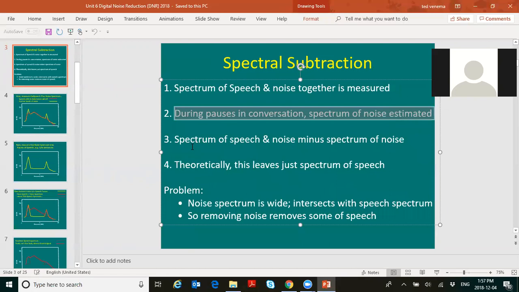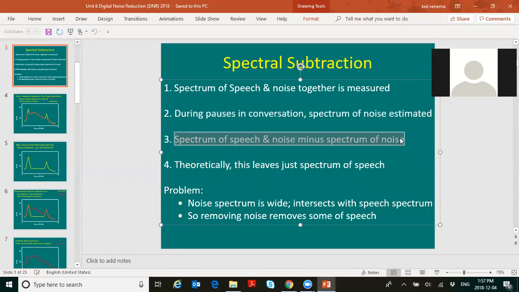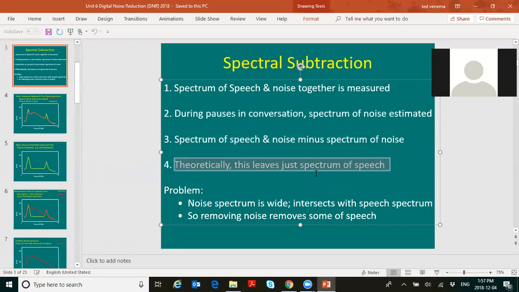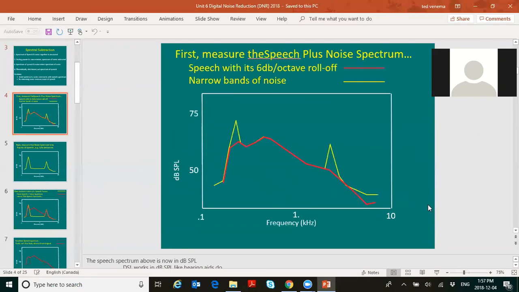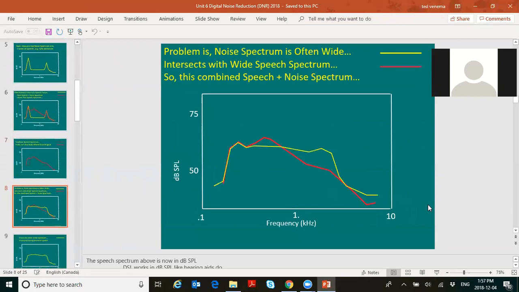And then they take number one and they subtract number two from it. So the spectrum of speech and noise minus the spectrum of just the noise, theoretically this would leave you just with the spectrum of speech. The problem is that the noise spectrum is wide and it intersects with the speech spectrum, so removing the noise removes the speech. And the example could be shown here.